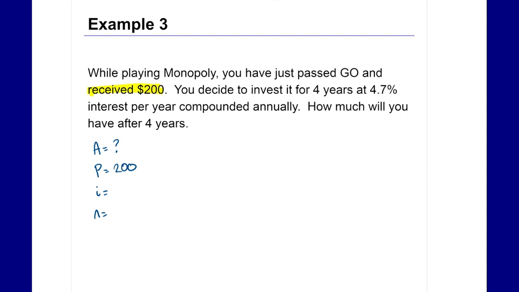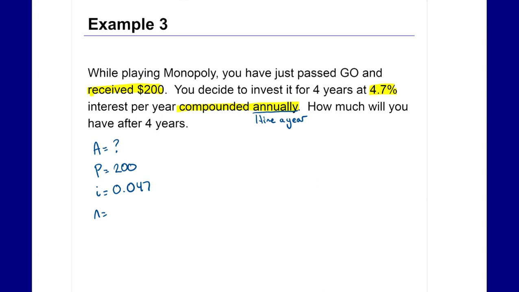i is the percent, or the rate, which is 4.7% per year compounded annually. This compounded annually is important because that means once a year, or one time a year. So there's one compounding period a year because of that annually. So for i, it's just 0.047. We just take that percent because it's just once a year. n is the number of compounding periods.